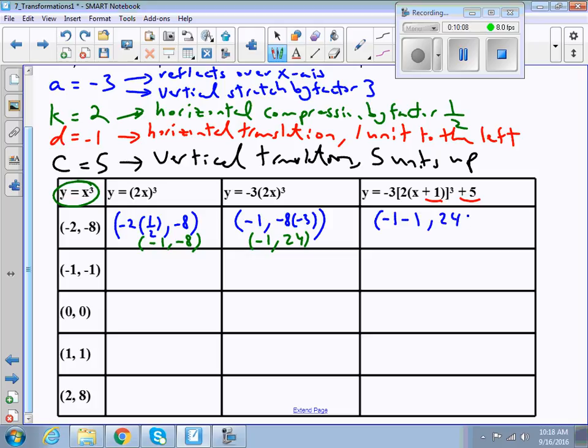So it's gonna be 24 plus 5, which the new point would be -2 and 29. Okay, so spend a couple of minutes to fill out the rest of this chart, so pause the video, and then you can check your answer.